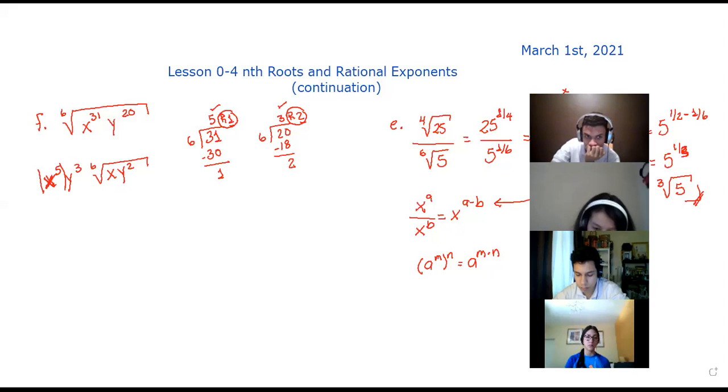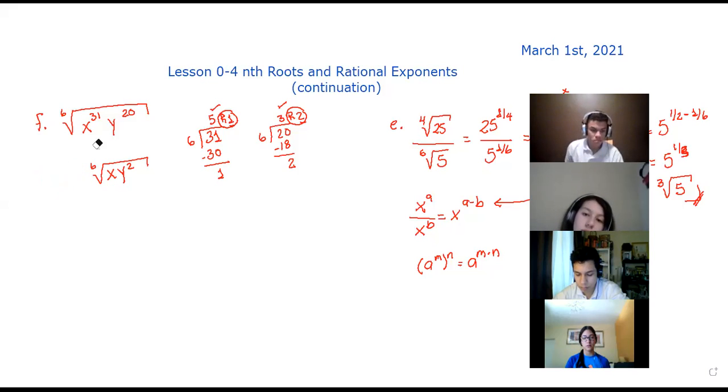So that means that you will have to write it in between absolute value bars. And for y too. So let's write it again. This will be the absolute value of x to the power of 5 times the absolute value of y to the cube, times the 6th root of x y squared.